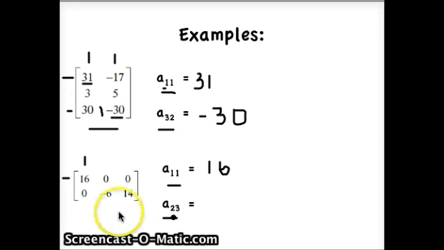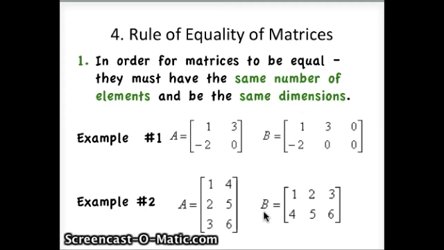The A23 would be second row, rather. Second row. Rows are always first. Second row, third column. So 1, 2, 3. That would be 14. So our A23 would be 14 in this case. So check and make sure that you got those correct. Again, rows by columns.